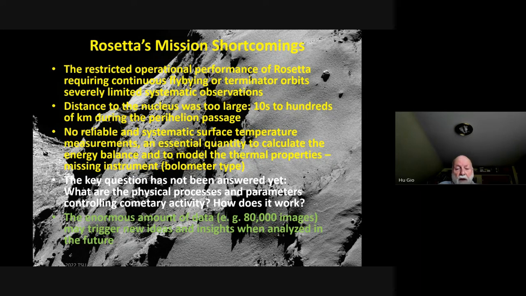There's no unique model which really describes the activity. Even so, we have a large amount of data, 80,000 images and hundreds of thousands of spectra from Rosina. So this is still material to be working on.